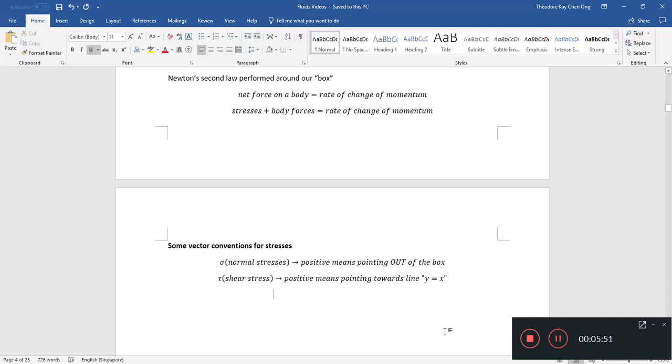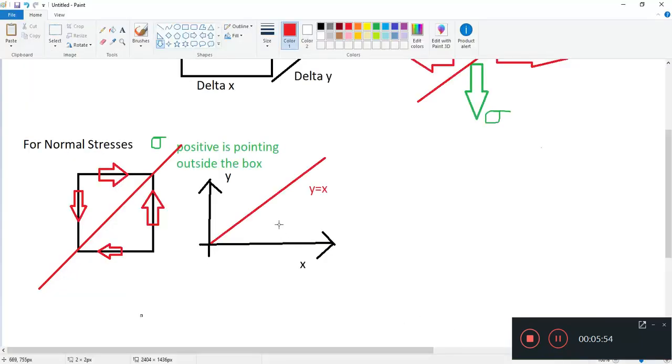If you're talking about the zx plane, then instead of y, this becomes z. The same idea: if you have a line z equals x, this will be the line of reference, and you draw it across the box, and whichever direction is pointing towards that line is the positive one.